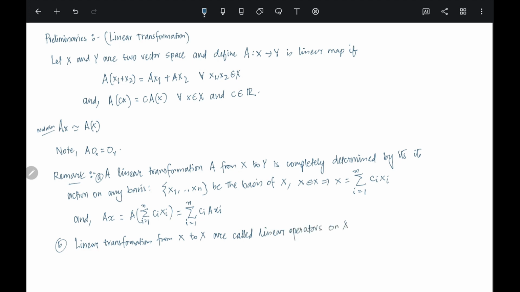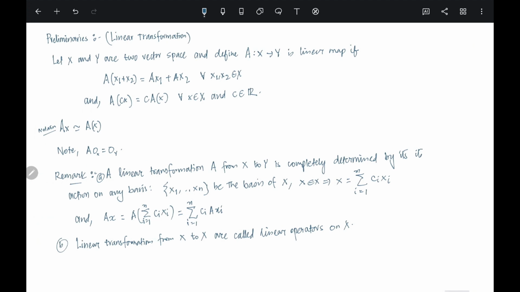Operators on X. This is just a name, nothing special.